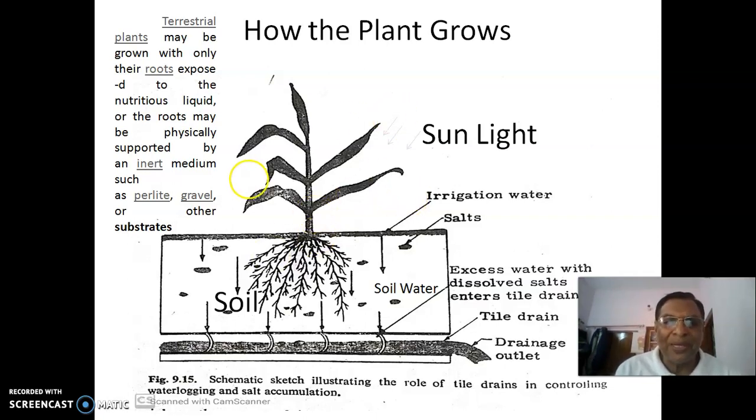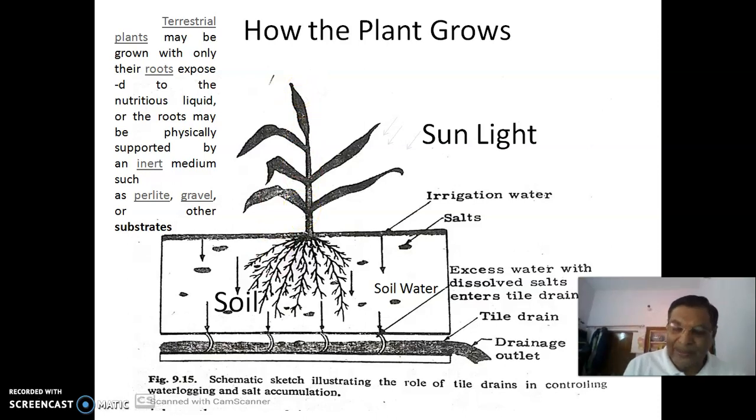The figure you have seen in your earlier class for drainage, I have added all this material to introduce the concept of removing the soil and putting only water within the inert material so that the plant can grow. That is what is known as hydroponics.